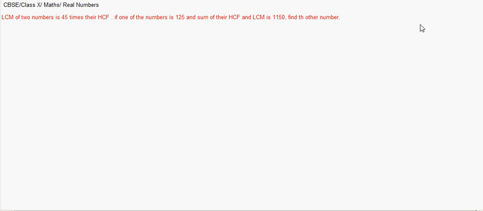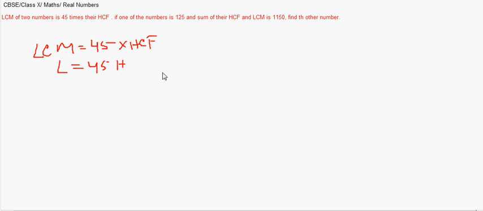Now what does that say? LCM is equal to 45 times their HCF. I'll just use the short forms: L is equal to 45H.